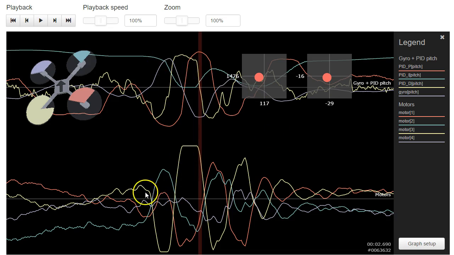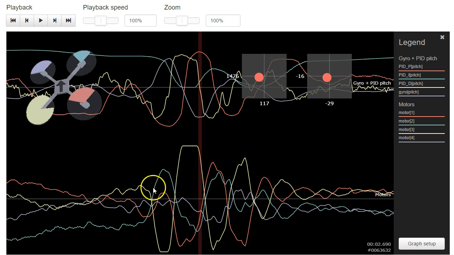Because if the motor were failing, we would not see the motor's actions having any effect on the gyro. When a motor is failing, the motor just sort of goes to maximum or minimum, and stays there. The PID controller is saying, give me more thrust, and the motor is saying, well, I can't go any higher, it's not working, and then they just sort of stay in that condition.